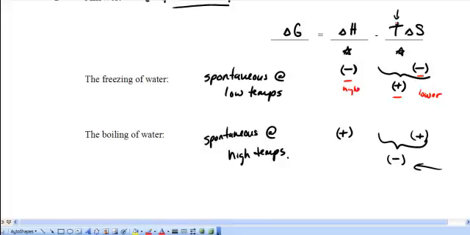This must be higher. So how do you create this to be lower than this? You have to have lower temperatures. And at lower temperatures, delta G will be negative. The reverse reaction, which is the melting, would be spontaneous at high temperatures.